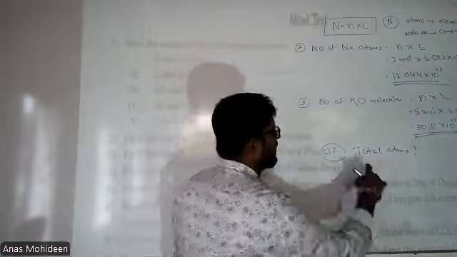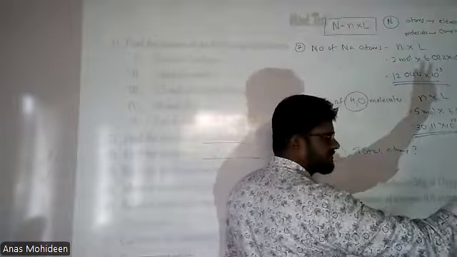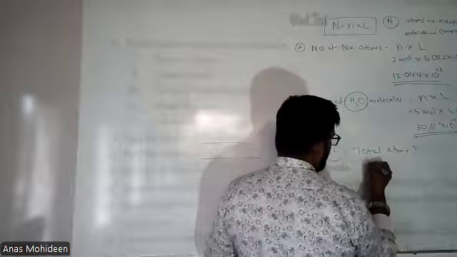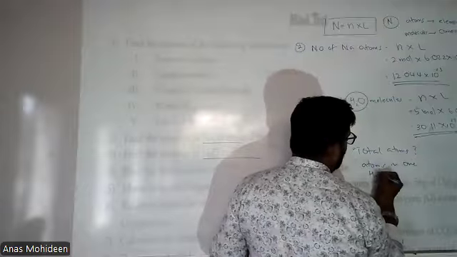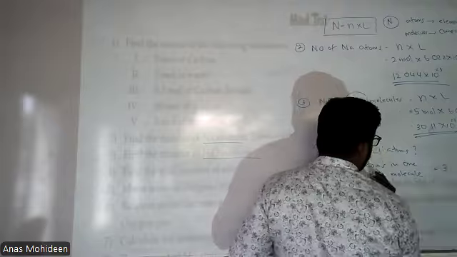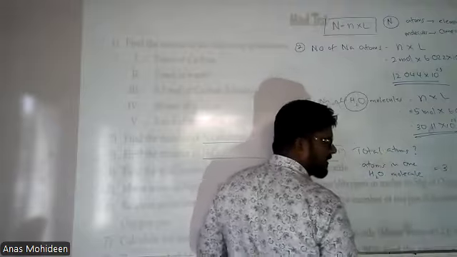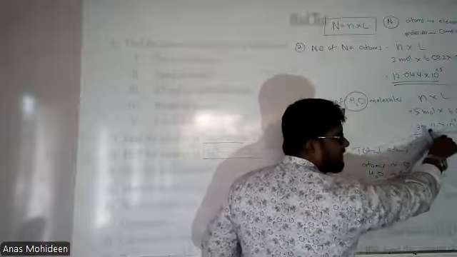Same way. One H2O contains 3 atoms. So, atoms in one H2O molecule, how many are there? 3. How many molecules are there? 30.11 into the power 23.